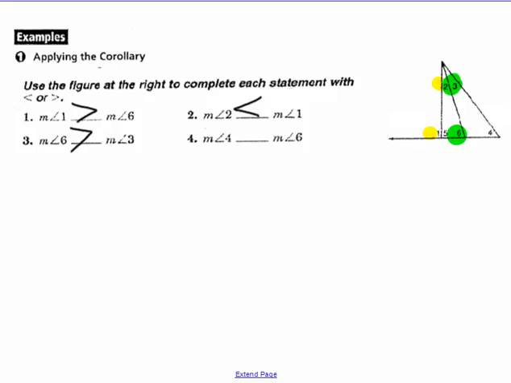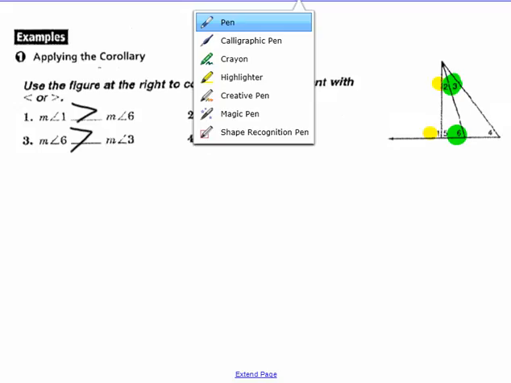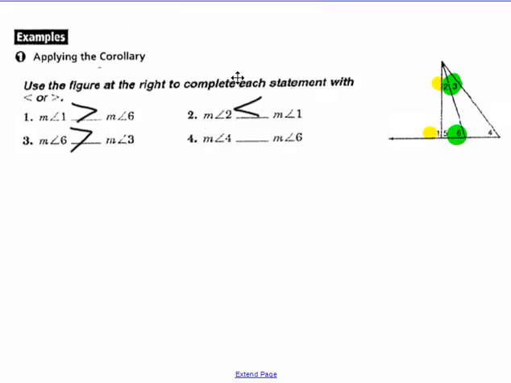And then angle 4 and angle 6. Again, angle 6 is exterior, so that means that angle 4 is less than angle 6.